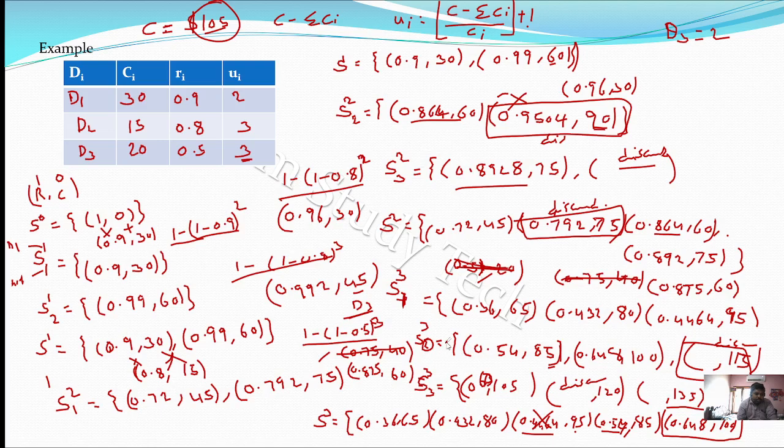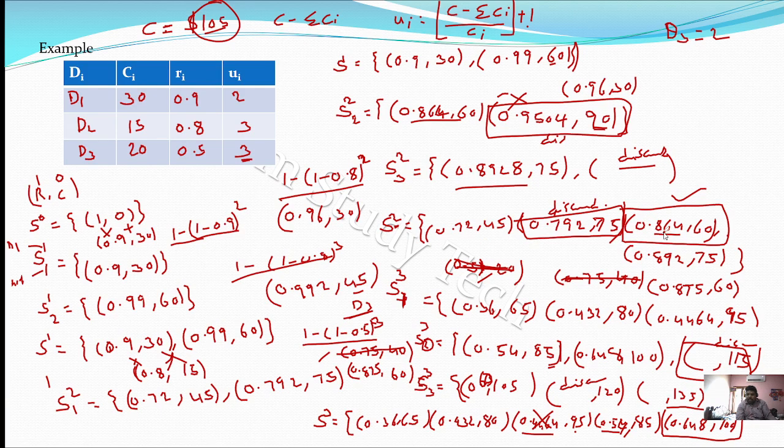Then you can get 0.8 in S2, 0.8 because of this one, so that is S2.